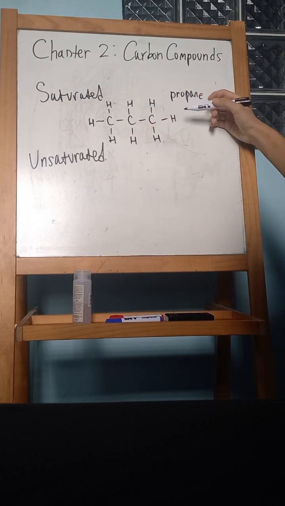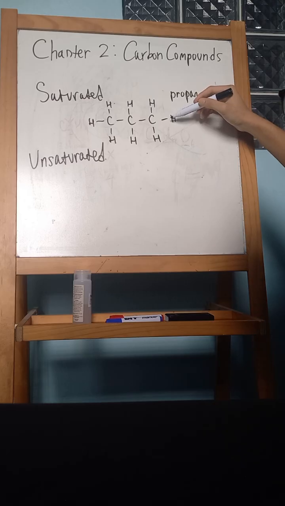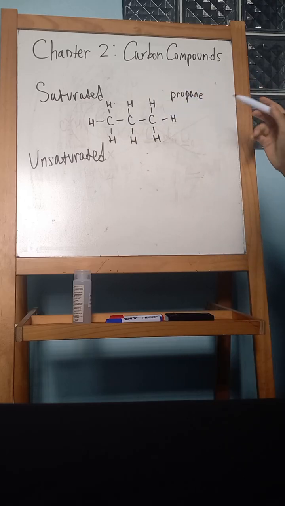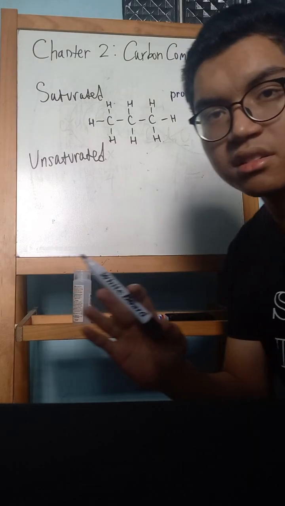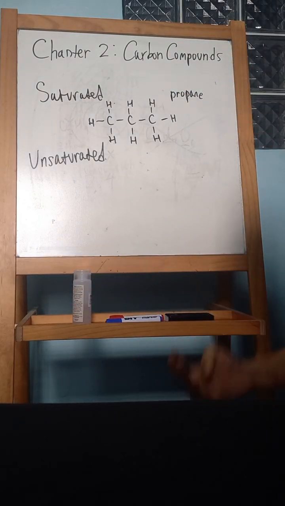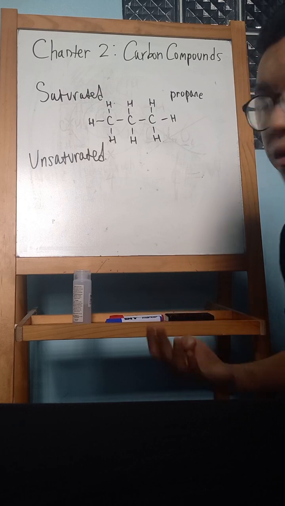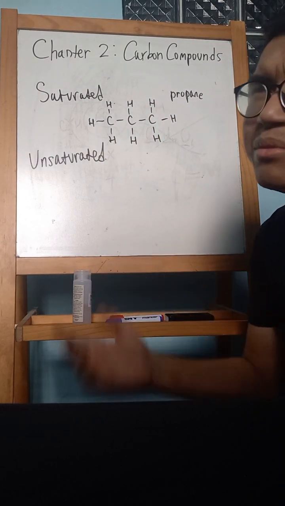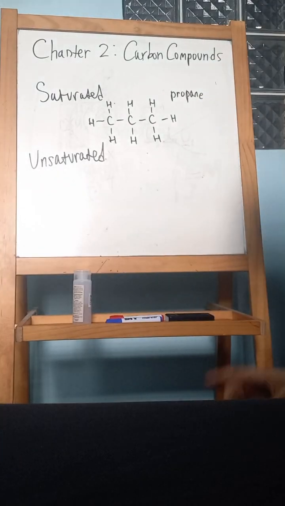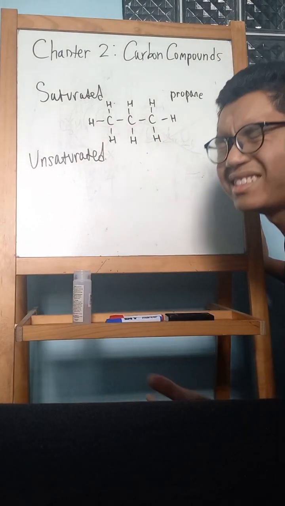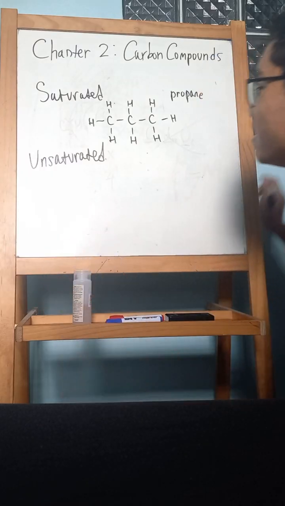So look at all these hydrogen atoms. They all have one line that connects to the carbon and nothing else, because hydrogen can only bond once. While carbon can bond to four different atoms.